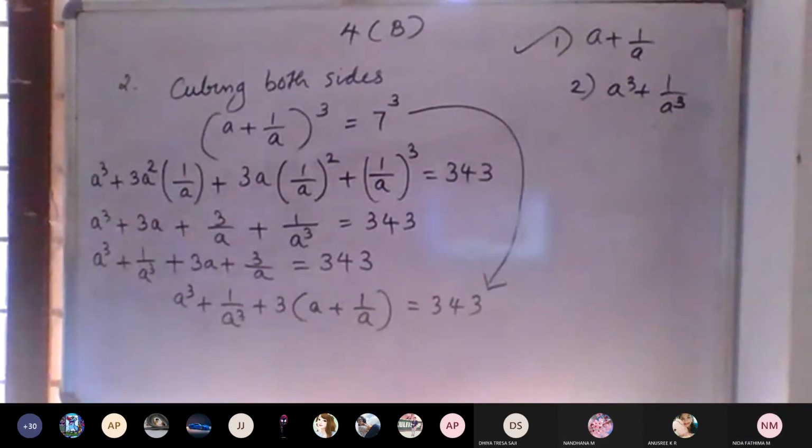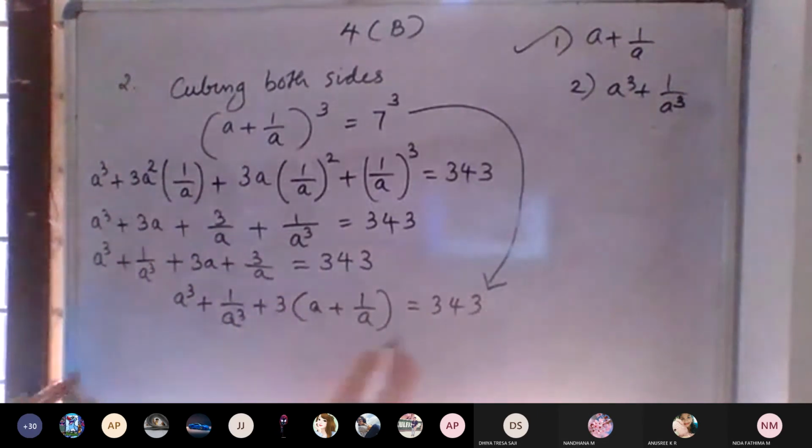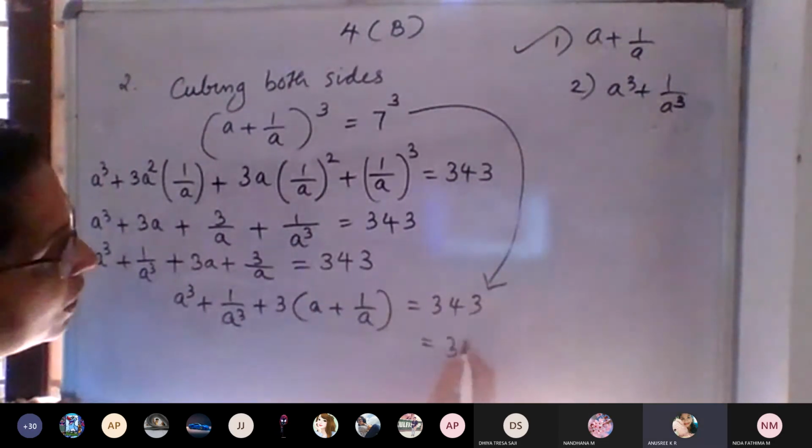So a cube plus 1 by a cube plus 3 into (a plus 1 by a). What value did we get for a plus 1 by a? Substitute that. We got 7.